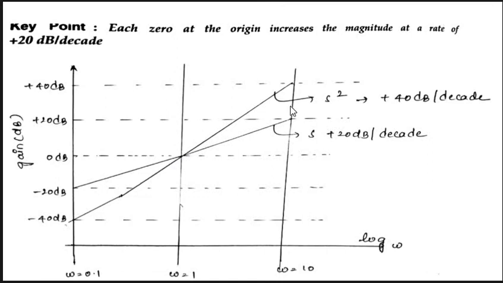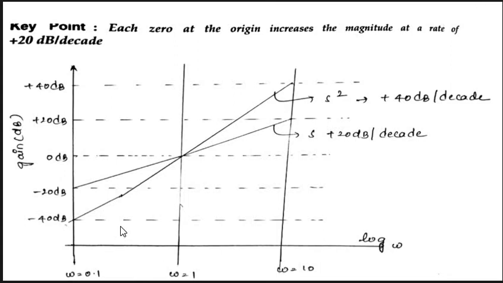Again it increases by 20 dB for the next decade and reaches plus 20. For another decade, again increase by 20 dB: from 20 to 40, then 40 to 60, and so on.